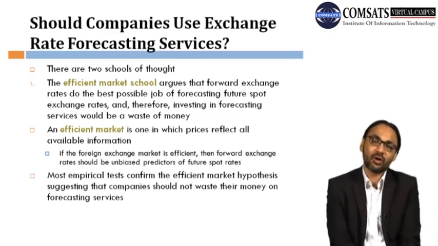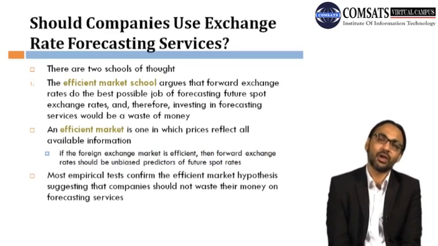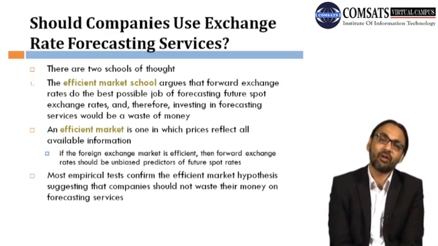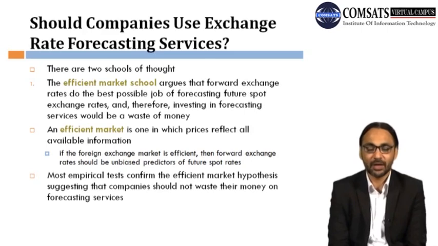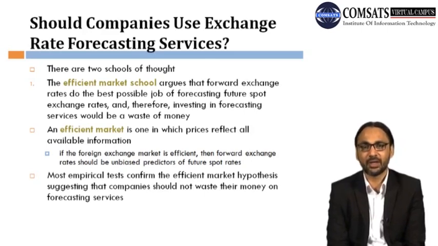The first school of thought is the efficient market school of thought, which says that the forward exchange rate is the best prediction of the future exchange rate, and there is no need to pay money to external people and buy that service from those companies, because in an efficient market the prices reflect all available information.